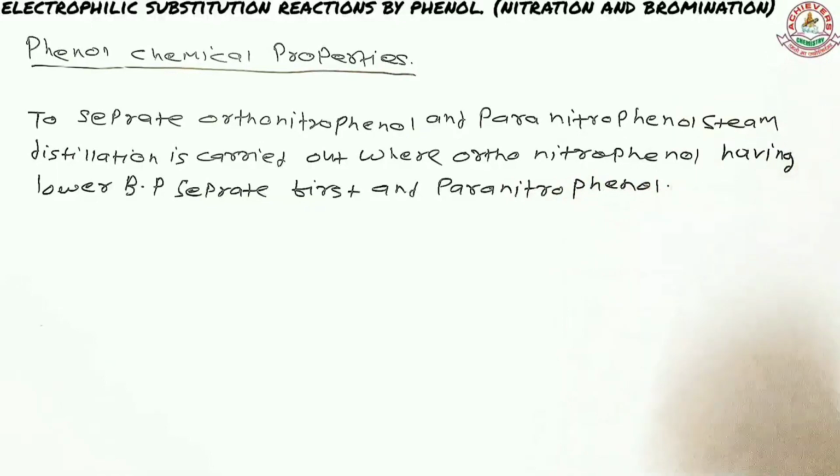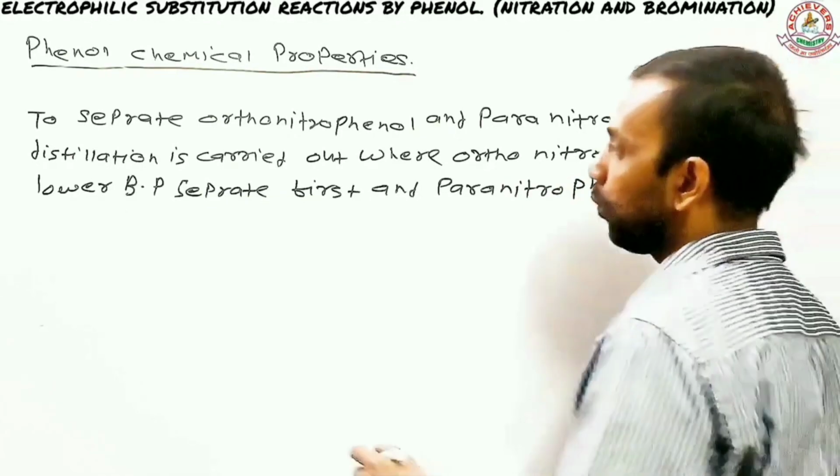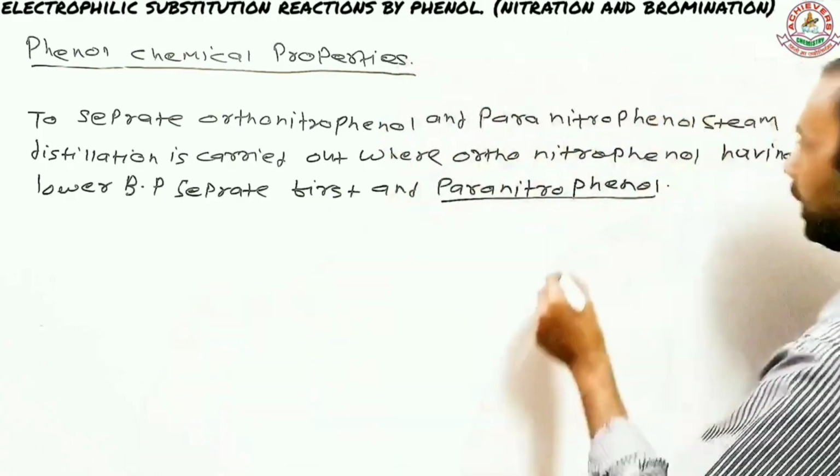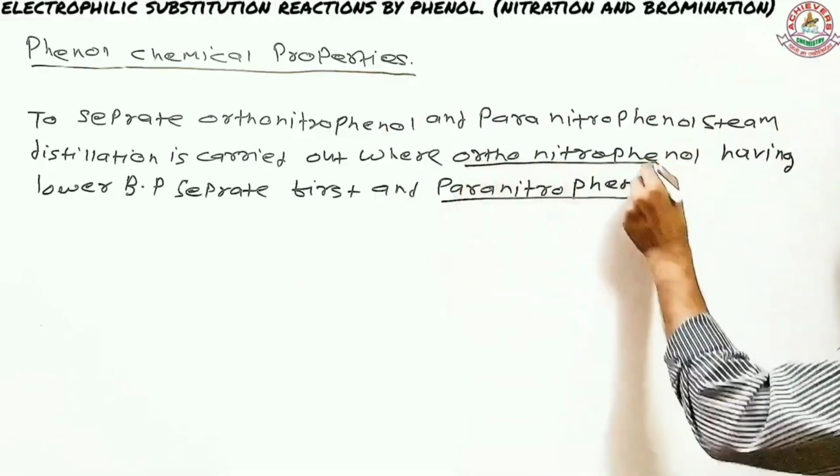Right? So this is how they are separated. Now the question is why paranitrophenol has a higher boiling point and orthonitrophenol has a lower boiling point, right?